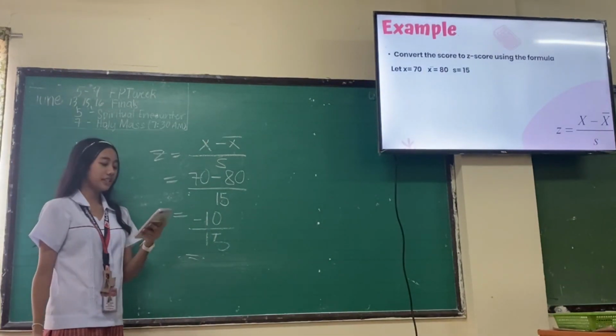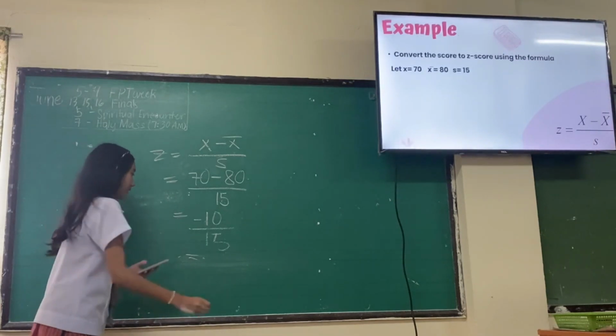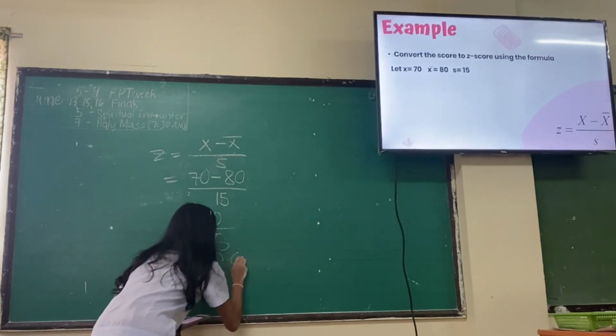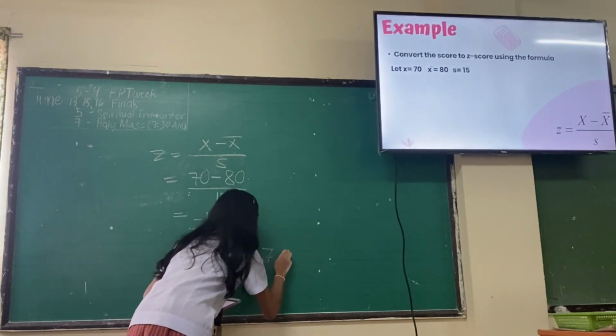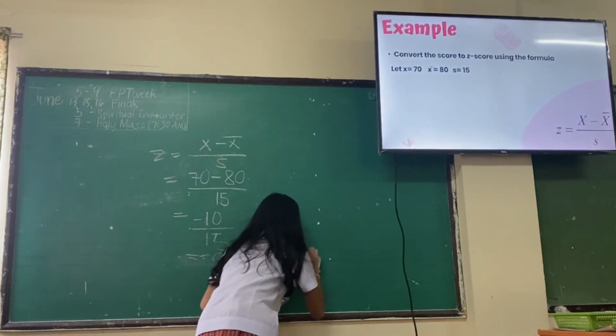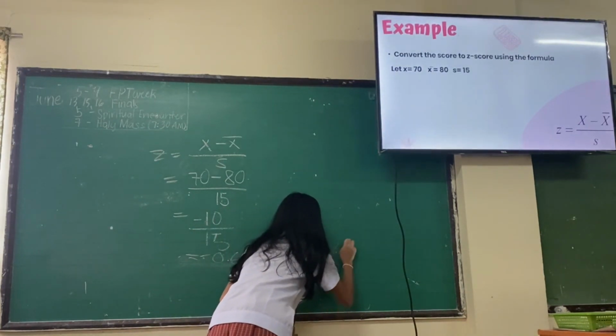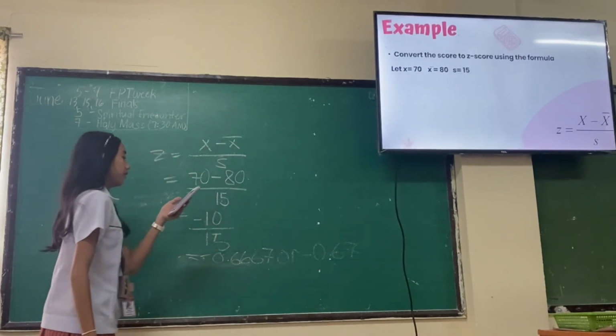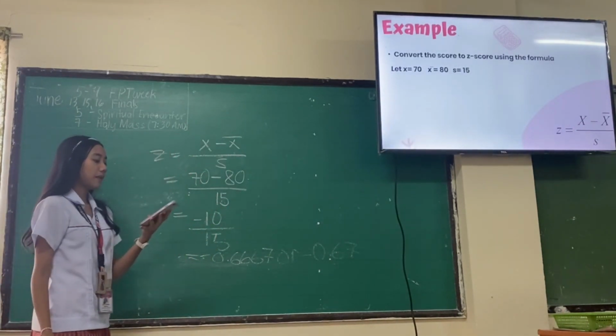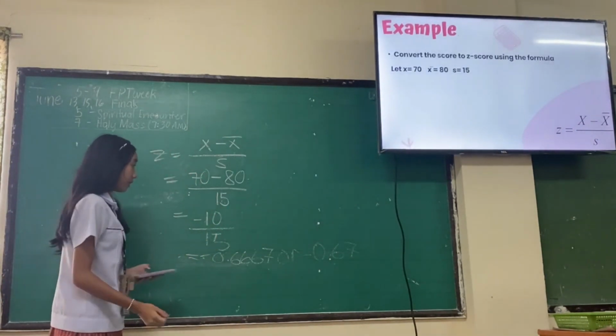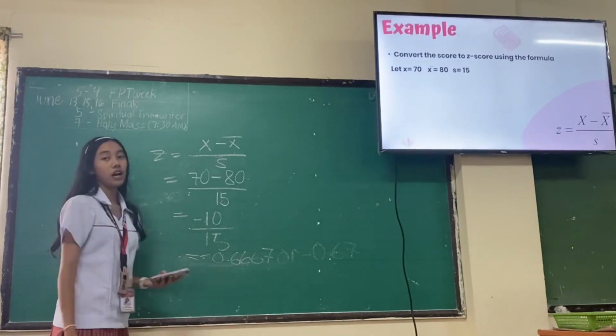Then for the third step, the answer to this is negative 0.6667 or negative 0.67. Then for the last step, we have to find the area of 0.67 using our z-table.